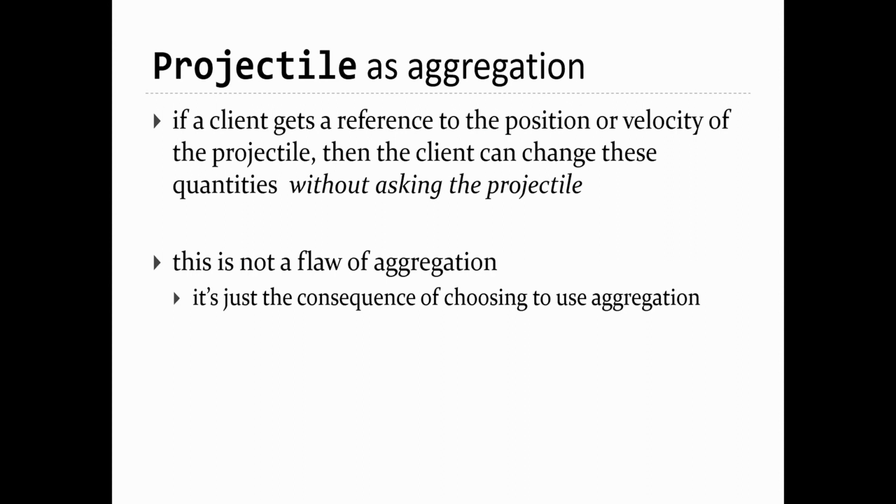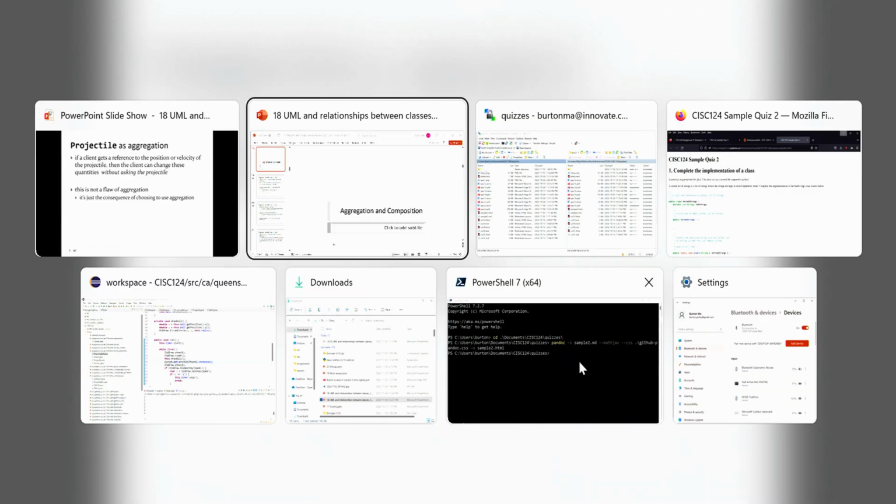We made this design decision that I'm not going to make a new position and a new point and a new vector whenever I make a projectile, or whenever I change the position of the projectile, or whenever I do something with the projectile. I'm just going to use existing objects for the position and the velocity. So this is not a flaw. Let me just run this little program here to show you what's going on.